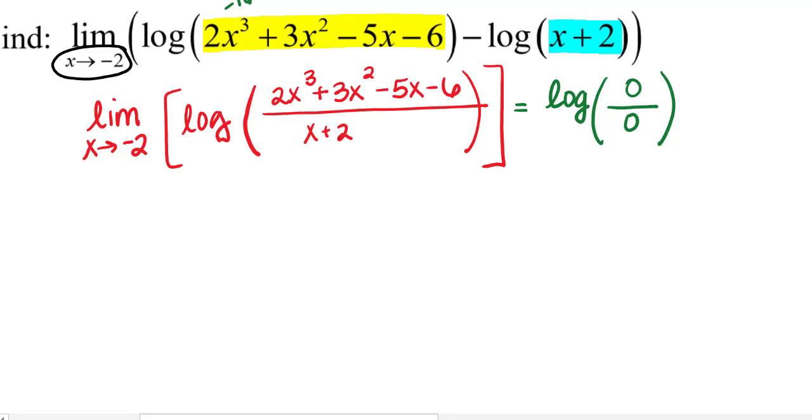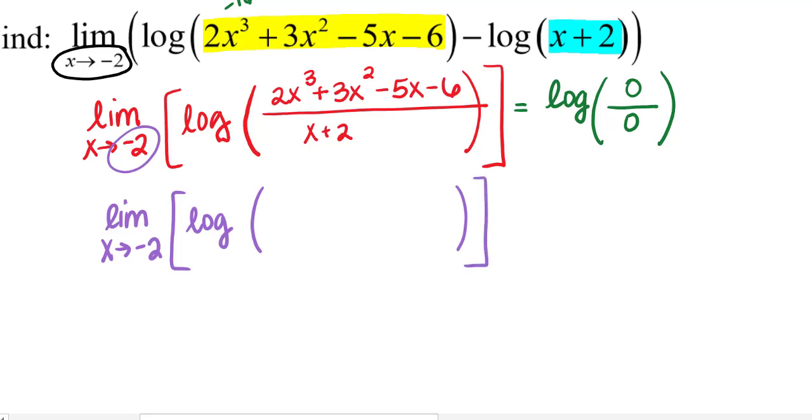I want this x plus 2 factor to go away. In other words, when x is approaching or equaling -2, I know that this numerator gives me 0, which means I know that it divides in evenly. So I'm going to rewrite this and then show you how I can use that knowledge to really save me some time here.